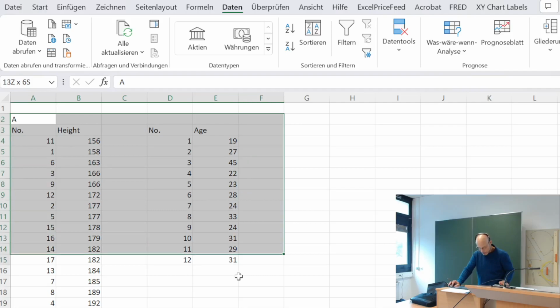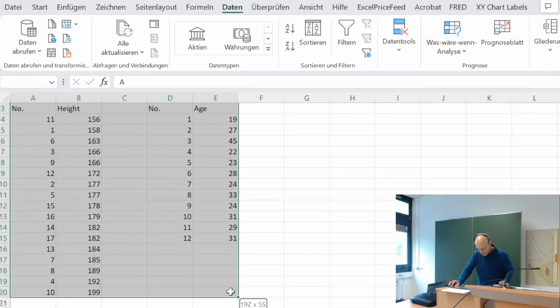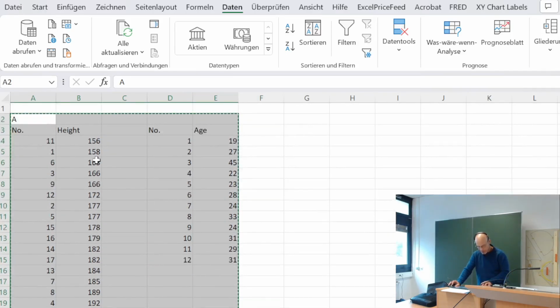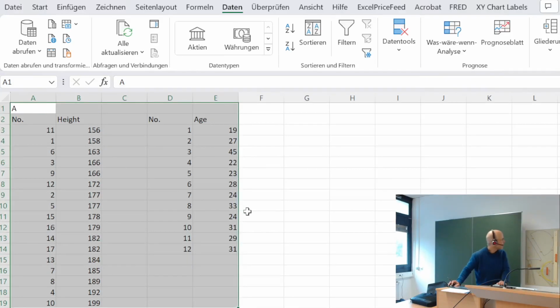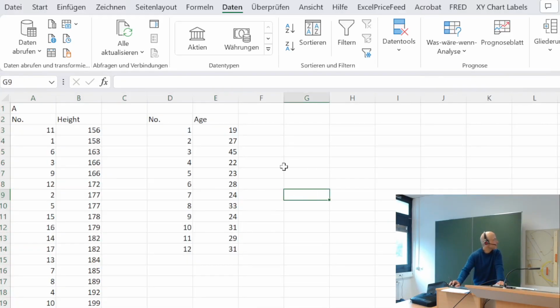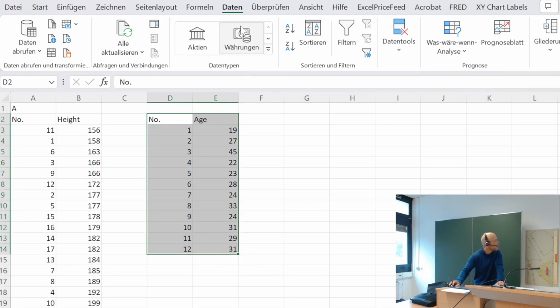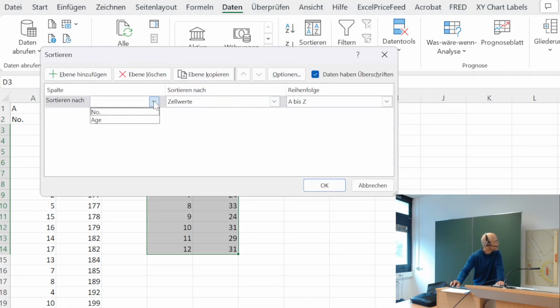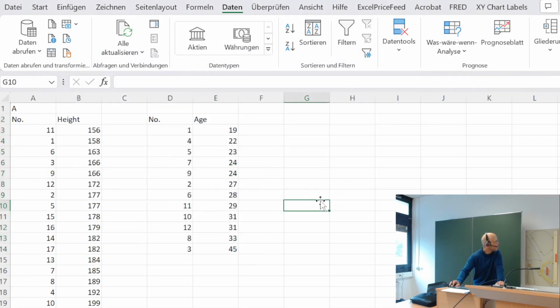Well, we can also put this in here. Then you see also the last data point. Okay, we do the same with these numbers. Data, sort, and H.